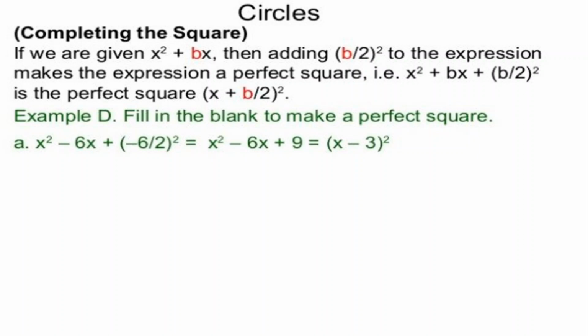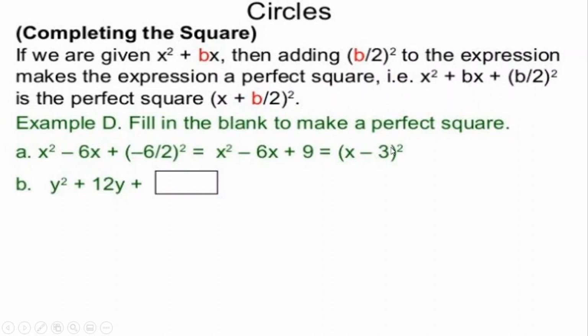So this is our equation. X squared minus 6x plus 9 is equal to, the perfect square is x minus 3 squared. Next. Okay, same process again. In order to find the third term, we need to use the formula b over 2 squared.